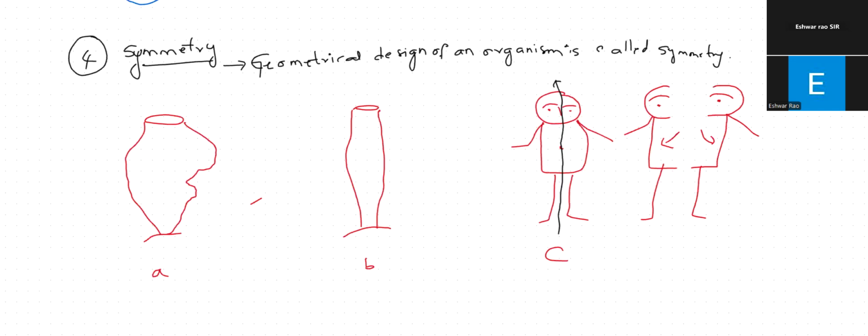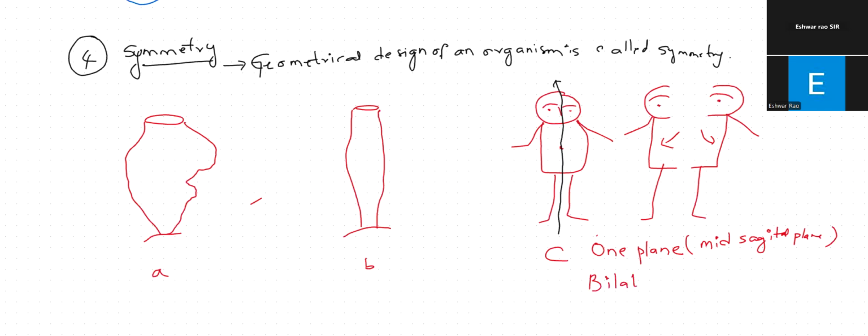No. Therefore, only one plane can cut this organism into two equal halves, which is called the mid-sagittal plane. And such kind of symmetry is called bilateral symmetry.